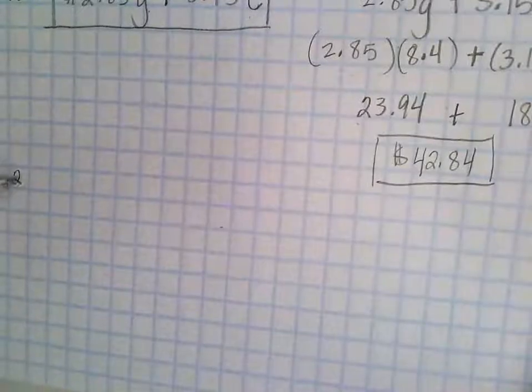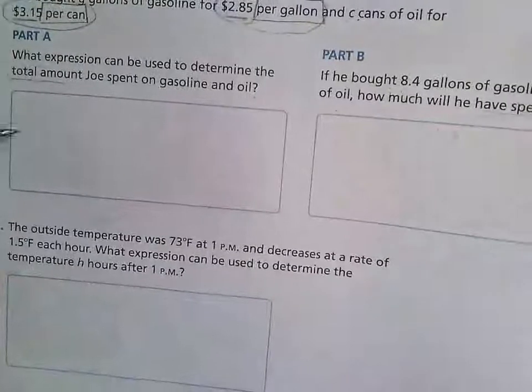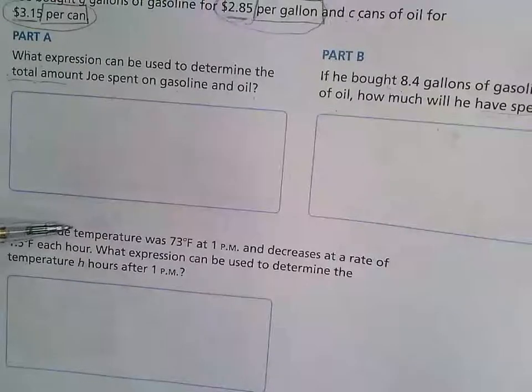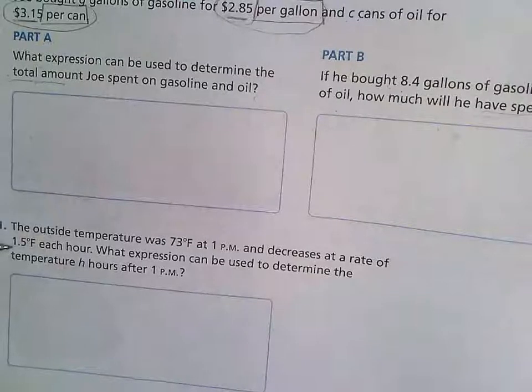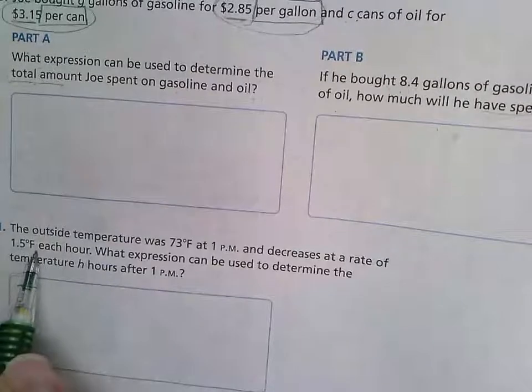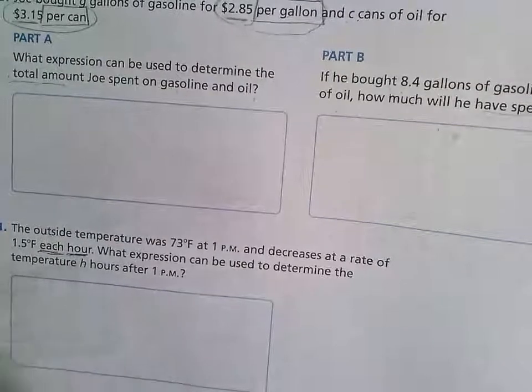Number 21. The outside temperature was 73 degrees Fahrenheit at 1 p.m. and decreases at a rate of 1 5/10 degrees Fahrenheit each hour. That's like saying per hour.